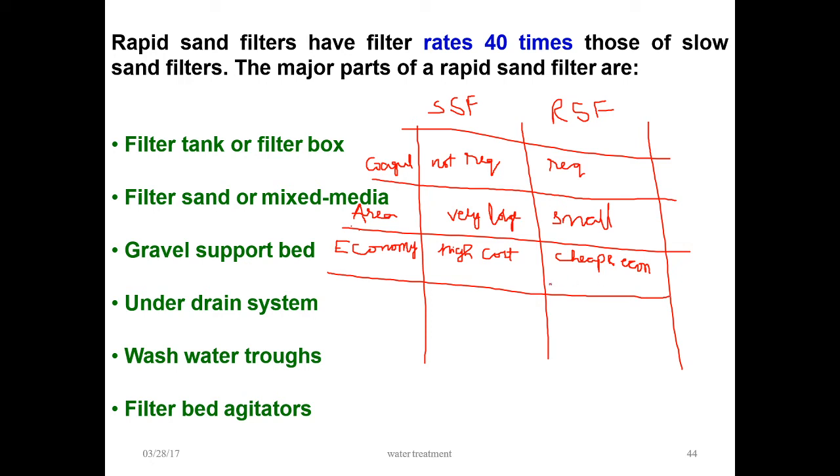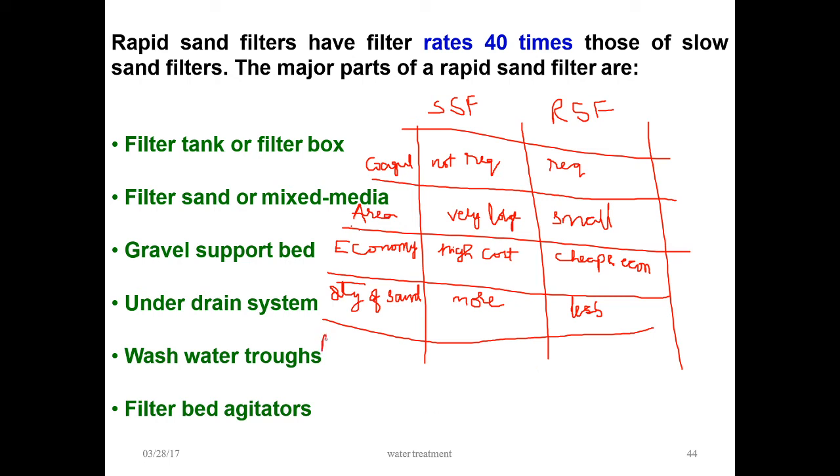Next one is quantity of sand. For slow sand filters more sand is needed, and for rapid sand filters less is required. Next one is rate of filtration.